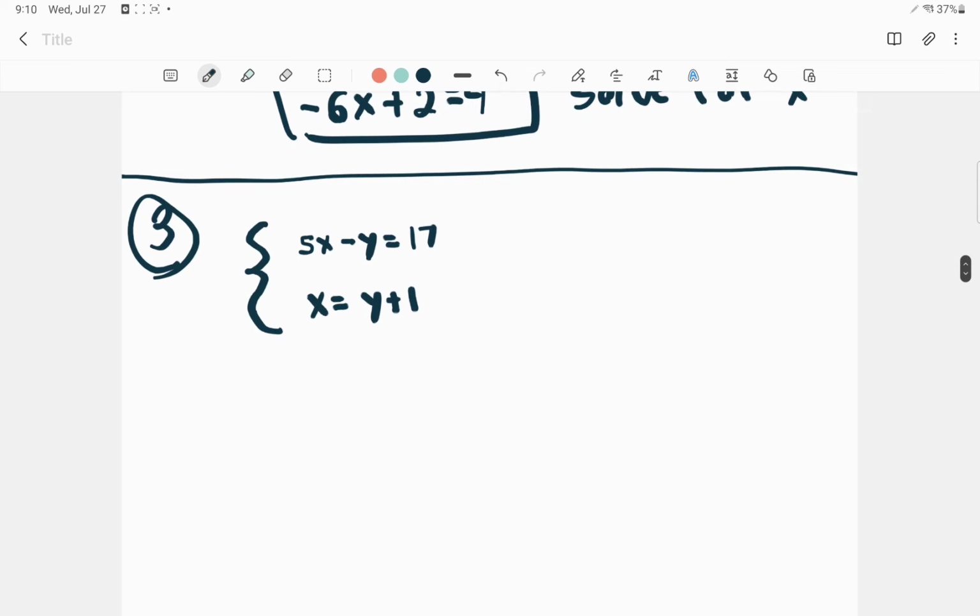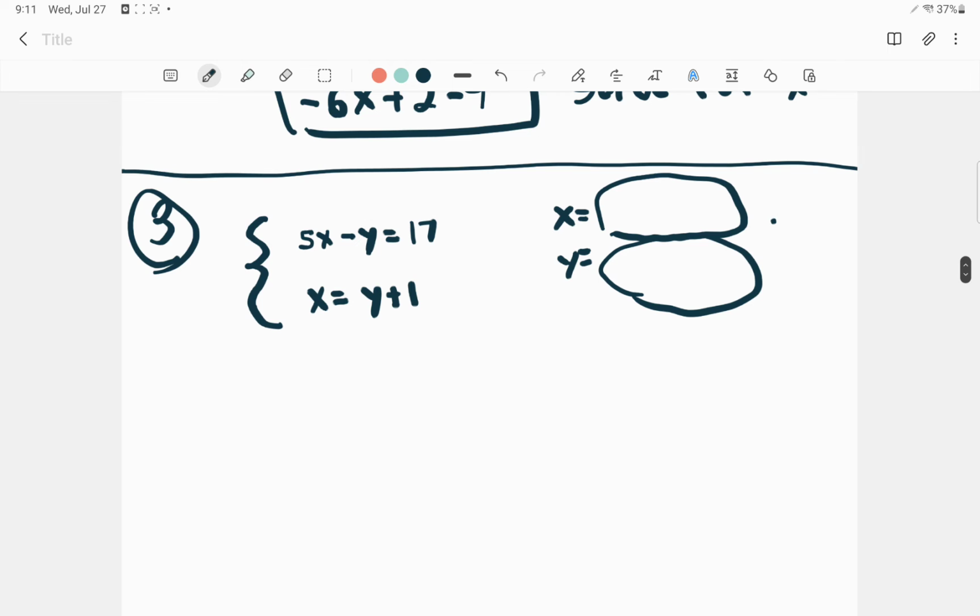Every time that you got x is equal or y is equal, use whatever is on this side and plug it in for x or y. You might be asking, what does that mean?